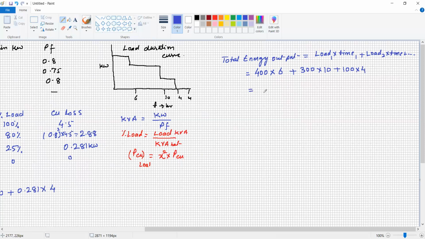So total energy output is equal to 5800 kWh.